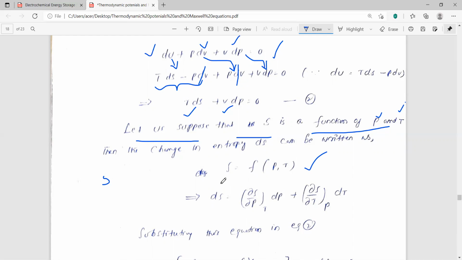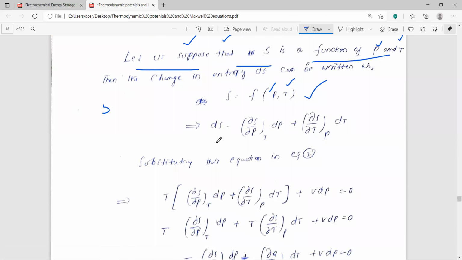Here we take S as a function of P comma T because this topic is related to pressure and temperature only. We are allowing the gas to pass through the porous plug from the region of high pressure to the region of low pressure, so the entire process is related to pressure and temperature.